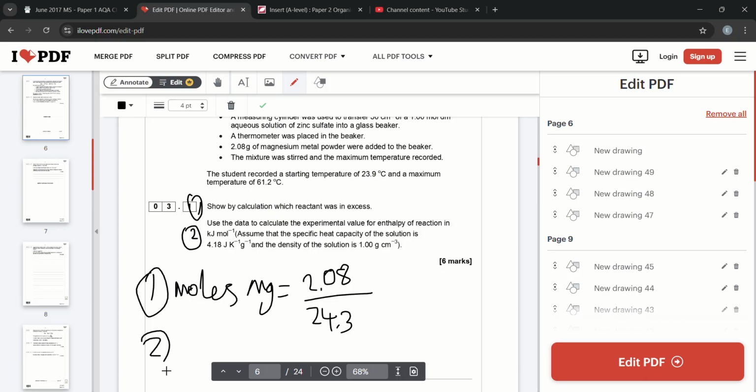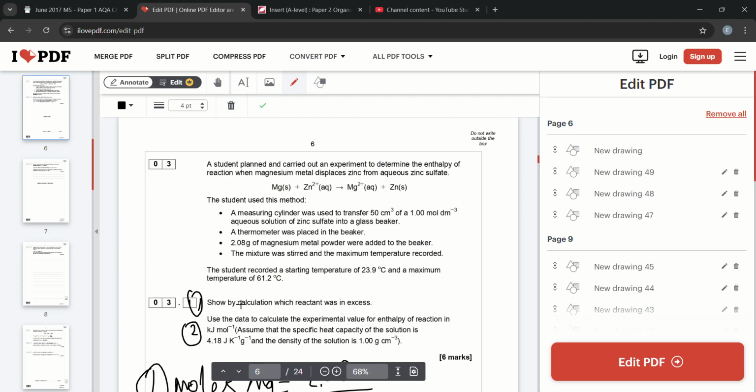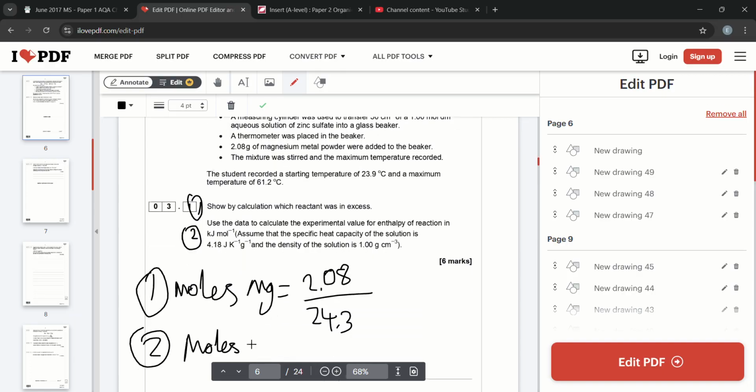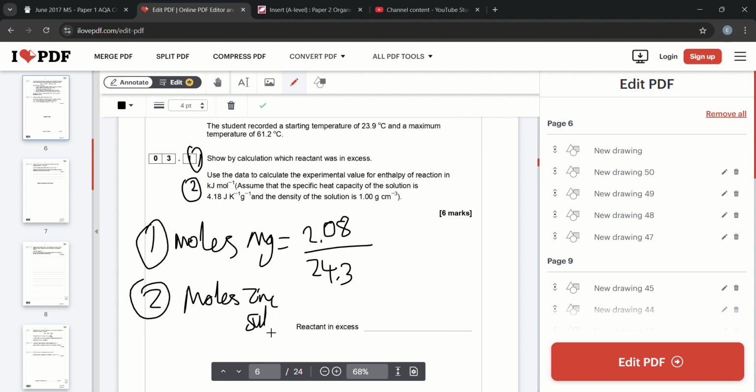Then we want to find out the moles of zinc sulfate. How do you find out the moles of this?